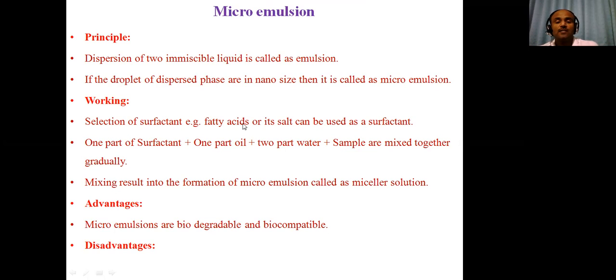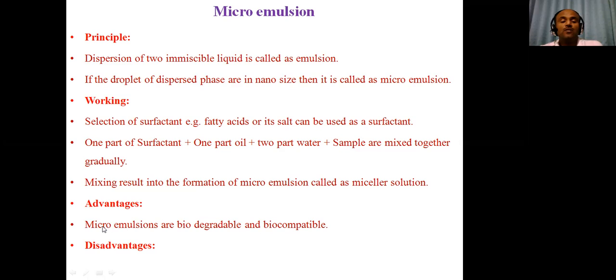Suitable surfactants such as fatty acid or its salts can be used. One part of surfactant is mixed with one part of oil and two parts of water, and a sample is mixed gradually. The mixing results in the formation of a microemulsion that is called a micellar solution.